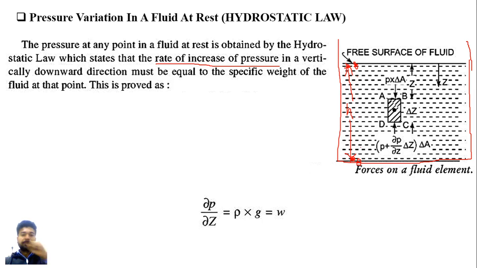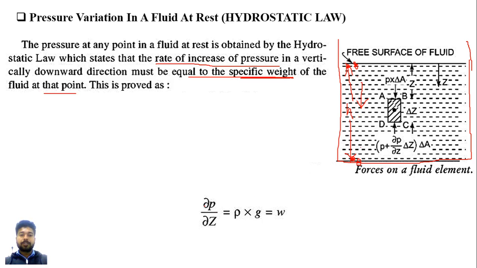So hydrostatic law states that the rate of increase of pressure in a vertically downward direction must be equal to the specific weight, or weight density, of a fluid at that point. So the weight density differs when you are going in the vertically downward direction in any fluid when that fluid is at a rest condition.